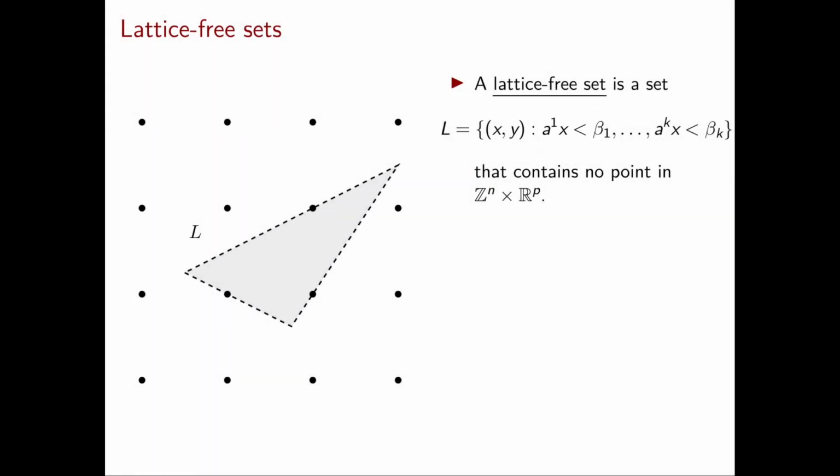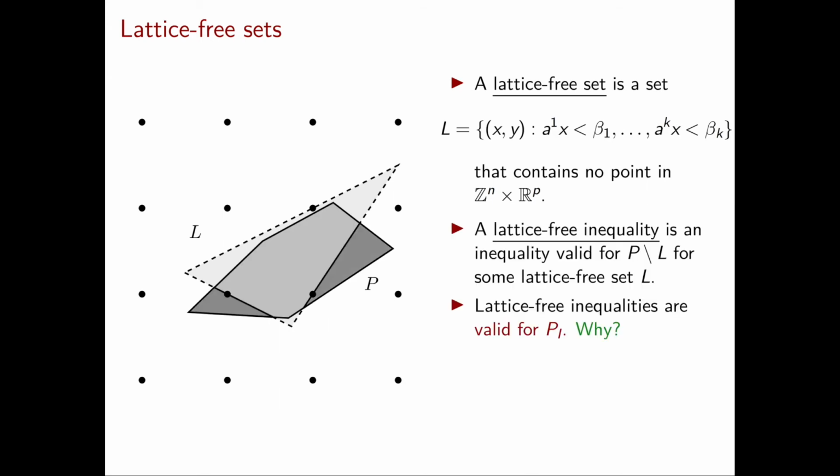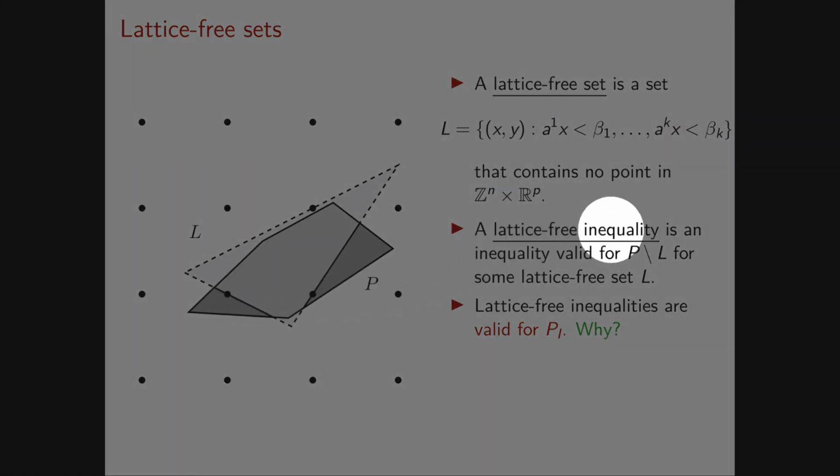Why are lattice-free sets useful? Well, exactly for the same reason for which split sets were useful. Pick any polyhedron P, and now, by definition of lattice-free set, every mixed integer point in our polyhedron is in the set P minus L. Therefore, we define lattice-free inequalities as any inequality valid for such a set.